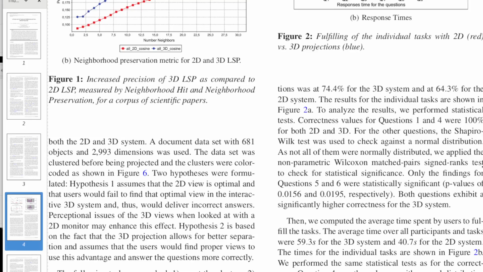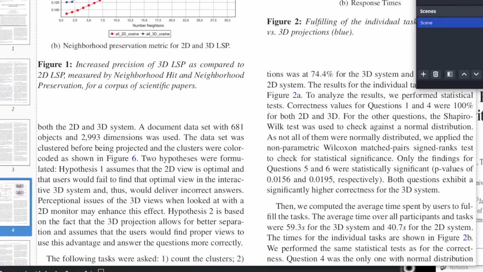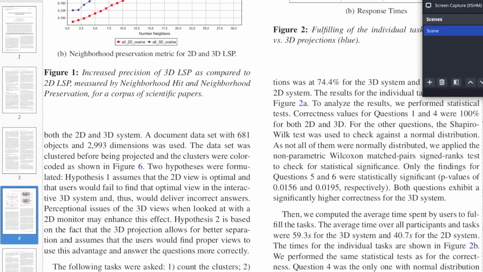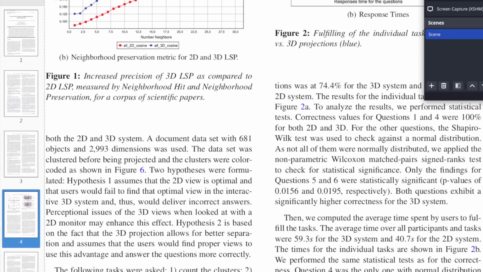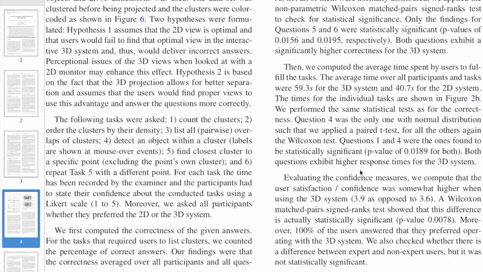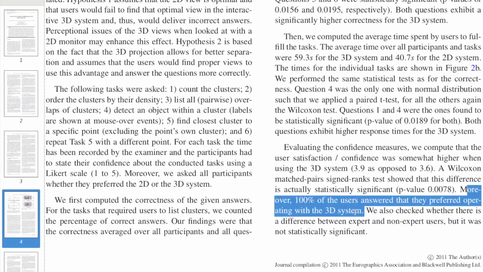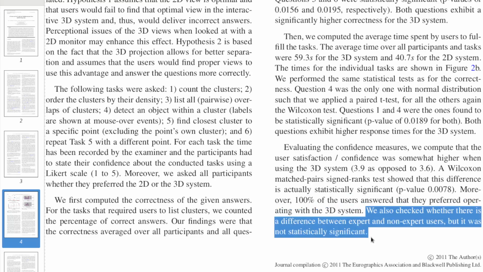Both questions exhibit higher response times for the 3D system. Evaluating the confidence measures, we found that user satisfaction, or confidence, was somewhat higher when using the 3D system, 3.9 as opposed to 3.6. A Wilcoxon matched pair signed ranks test showed that this difference is statistically significant, with a p-value of 0.0078. Moreover, 100% of the users answered that they preferred operating with the 3D system. We also checked whether there is a difference between expert and non-expert users, but it was not statistically significant.